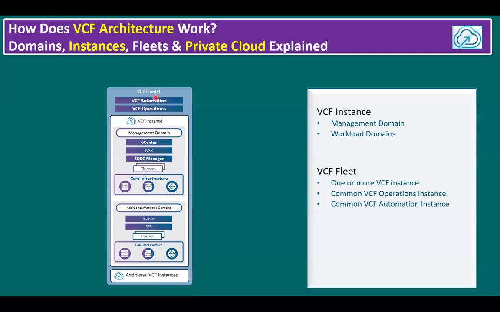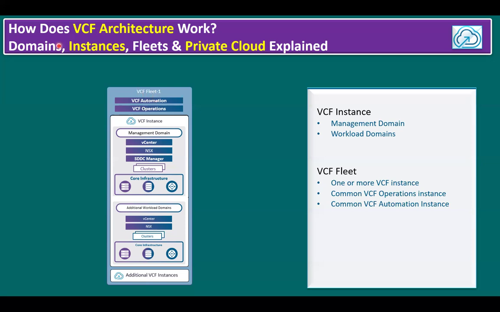The VCF Operations and Automation instances can be used across all domains. Domain means the management domain and workload domains within a VCF instance and across one or more VCF instances. This VCF fleet can be deployed across a single region or a dual region deployment as well.